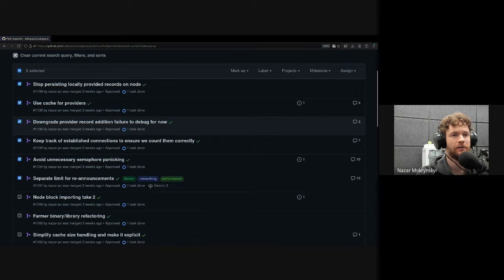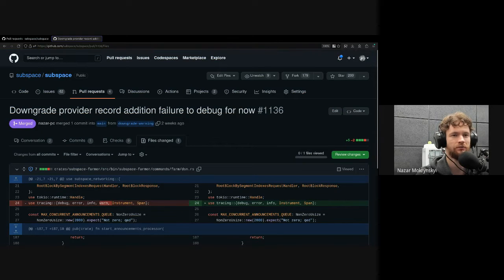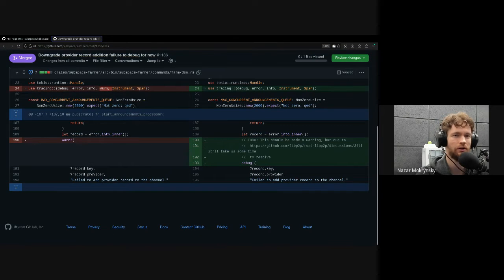Okay. This was just a kind of temporary solution. There is basically a warning which we cannot fix right now, but we will, because it requires some work in libp2p itself, likely. So for now, we just upgraded it to debug, so the logs look a little bit nicer. That's the only reason. There is a to-do with discussion.